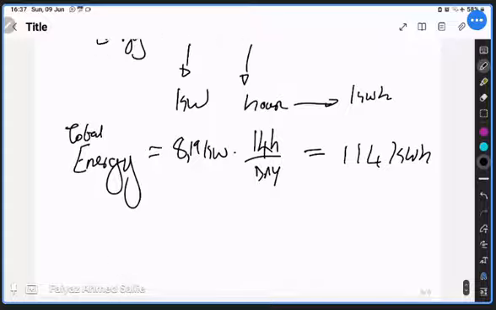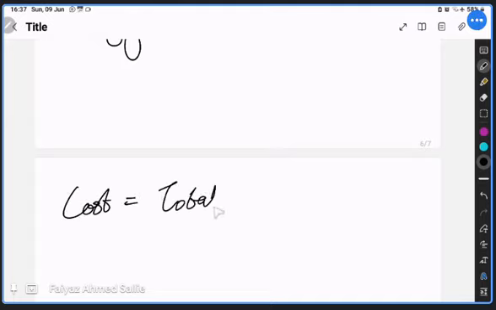So now calculating the cost. The cost is going to be equal to total energy multiplied by the tariff.